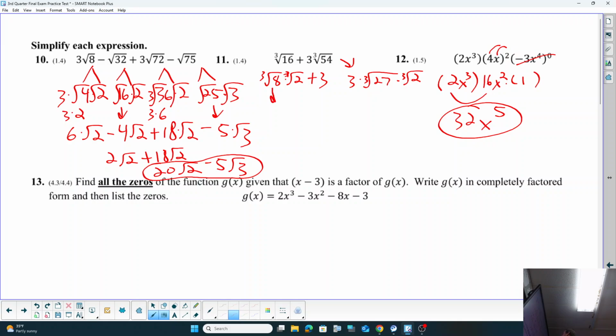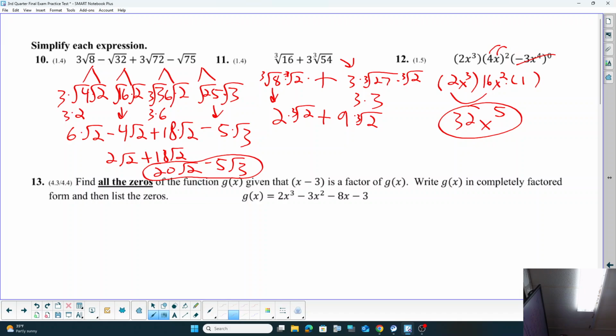So the cube root of 8 is 2 times the cube root of 2, plus 3 times the cube root of 27, which is 3, and 3 times 3 is 9 times the cube root of 2.